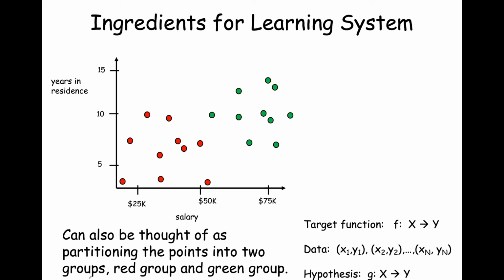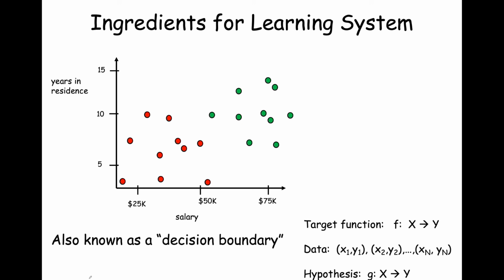You can also think of the target function as partitioning these points into two groups, the red group and the green group. So it's also known as a decision boundary. It decides whether each point should be a positive point, approved, +1 label, or a negative point, denied, -1 label.